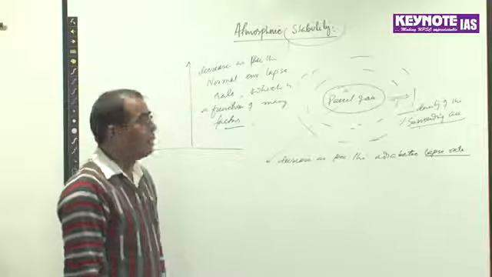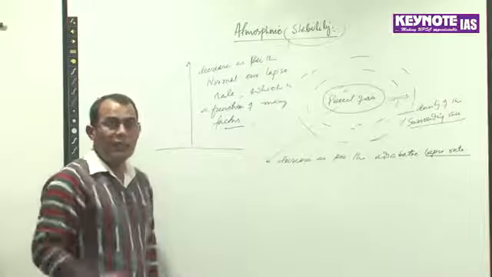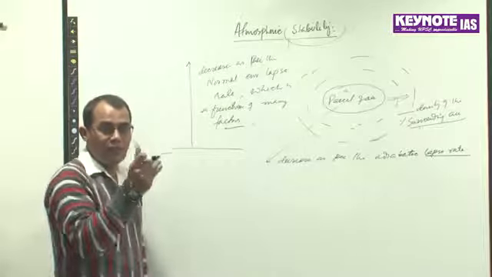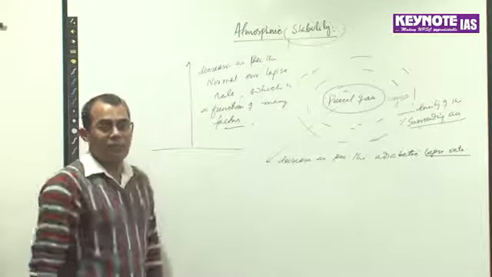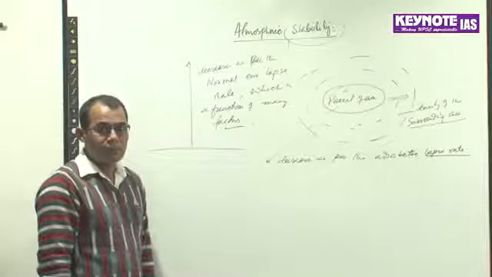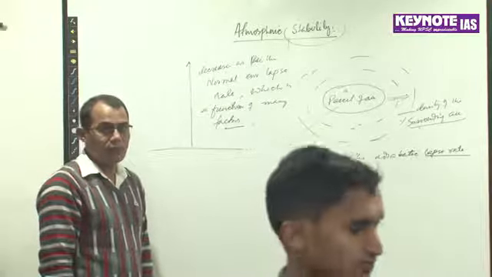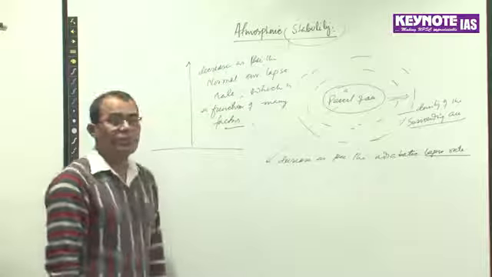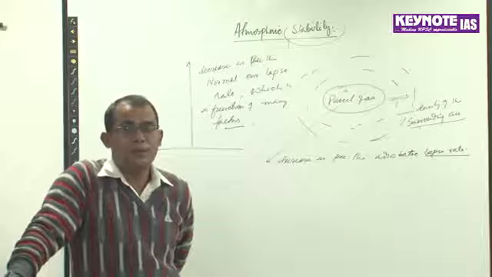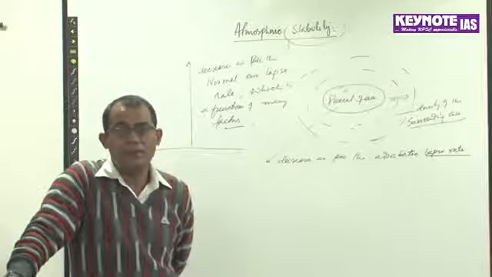Is it clear? So that may be a possible question: establish a relationship between stability, environmental lapse rate, and adiabatic lapse rate. Getting that point? So if the environmental lapse rate is steeper, it increases the chances of stability or instability?